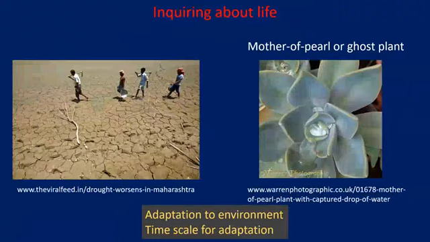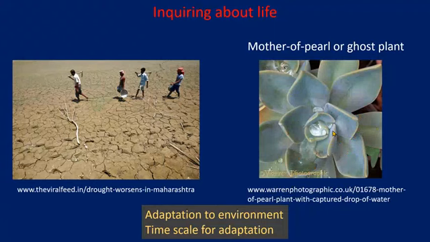Here we have one example of adaptation to the environment. You might have seen drought areas, and within them this kind of plant, called mother of pearl or ghost plant. Even though there is no water, and it's completely dry land, this plant is capable of storing water. You can see some water droplets here.